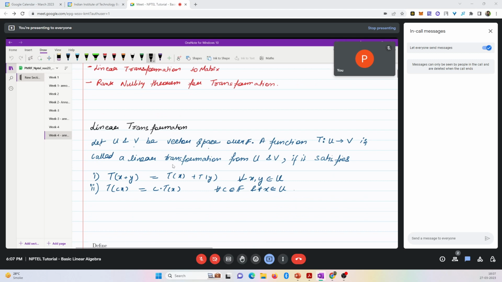To begin with, let's see what a linear transformation is.